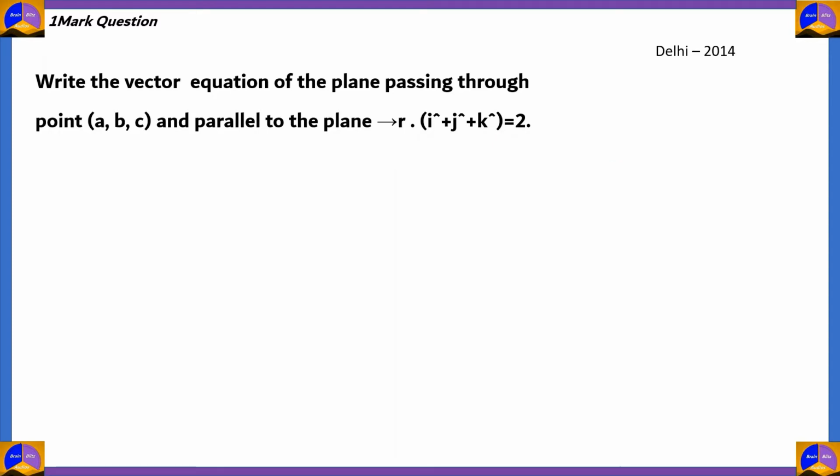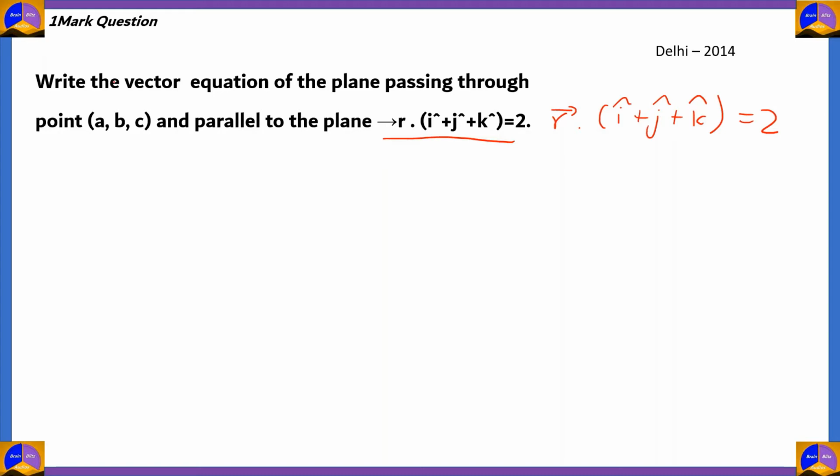So let's write that in the proper manner. This equation is r bar dot (i + j + k) is equal to 2. So this is the given plane.